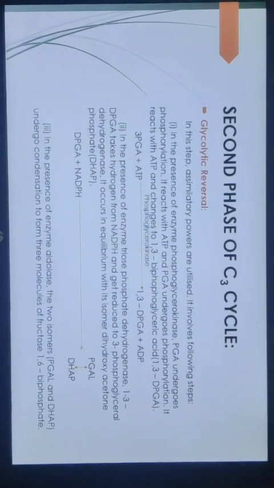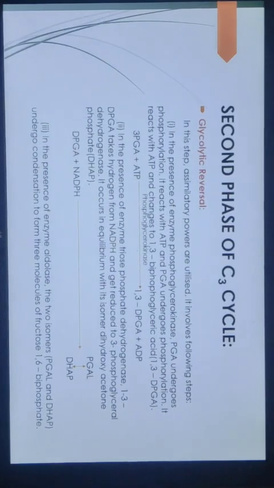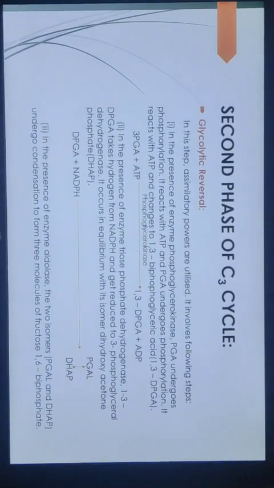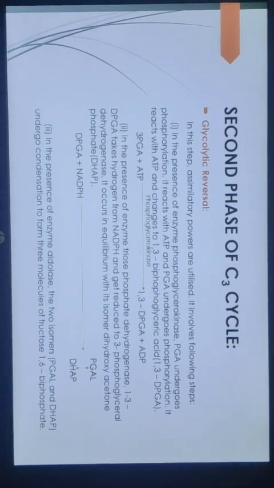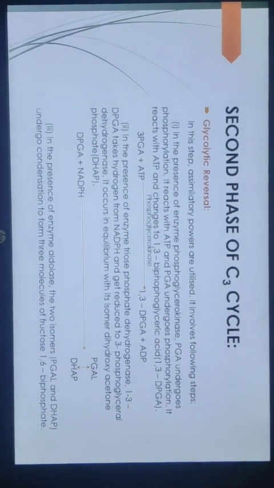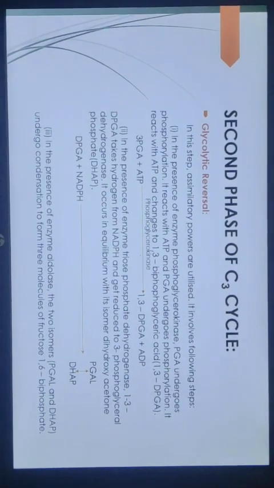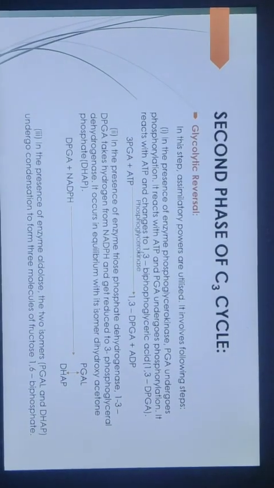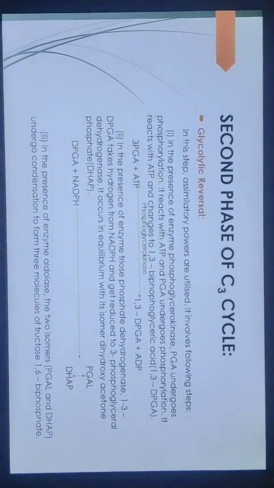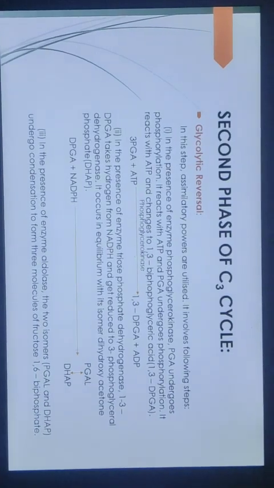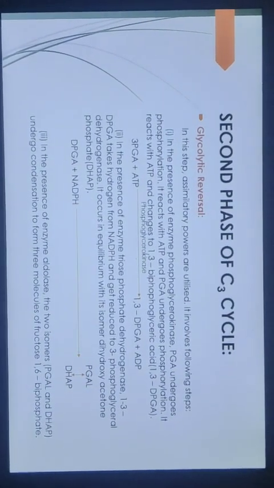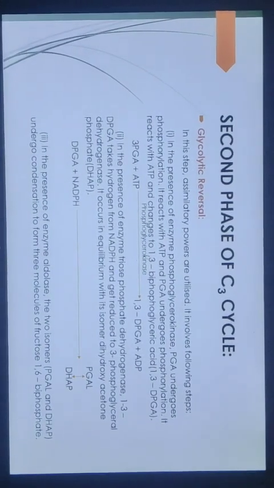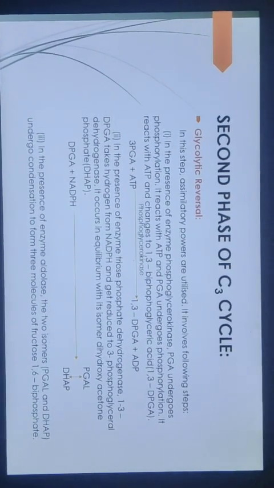Now in the third step, in the presence of the enzyme aldolase, now you should remember all the enzymes side by side, the two isomers, that is phosphoglyceraldehyde and dihydroxyacetone phosphate, undergo condensation to form fructose 1,6-bisphosphate.